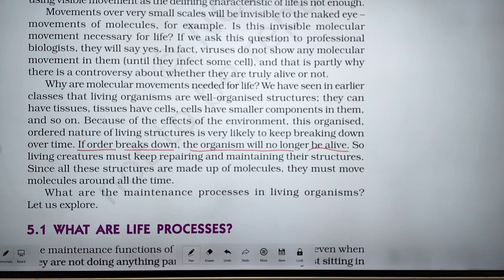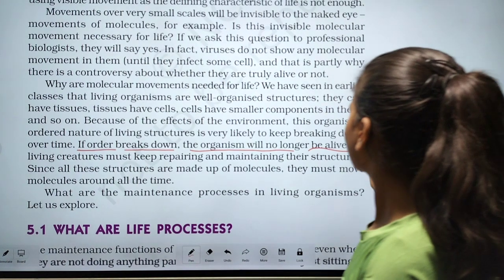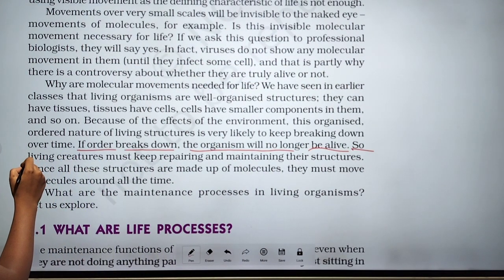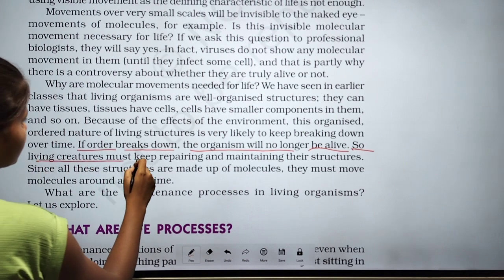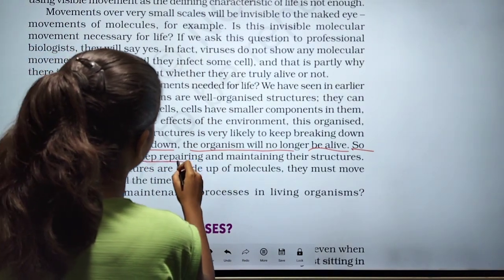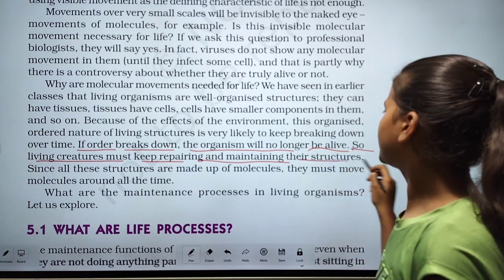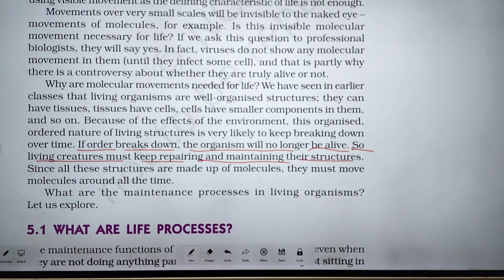It means the organism will not live a longer life. Okay, so living creatures must keep repairing and maintaining their structure. So living creatures must keep repairing and maintaining their structure.